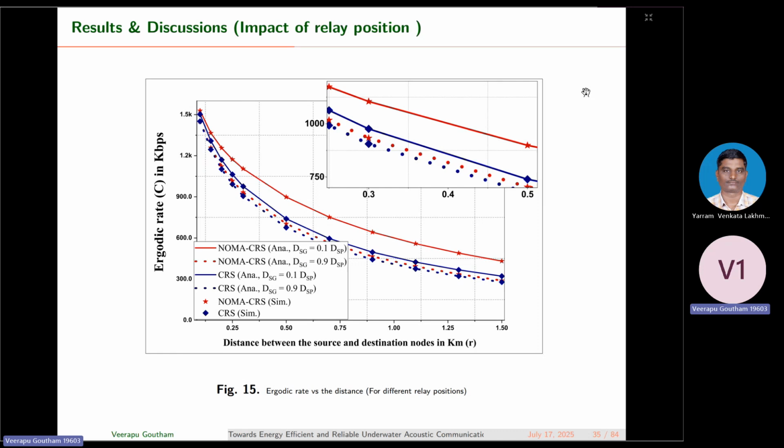In another case, we consider it nearer to the far node. Okay, in this we are getting better performance when the relay node is nearer to the source, compared to when it is nearer to the far node.